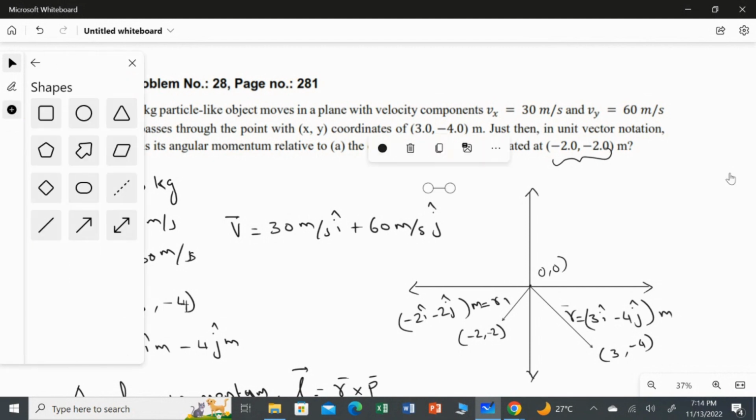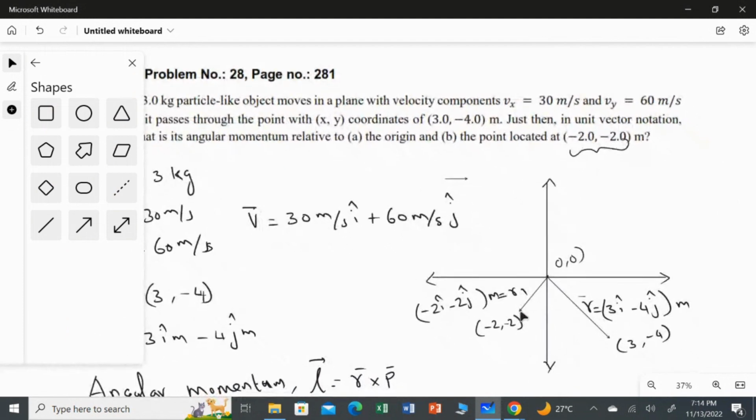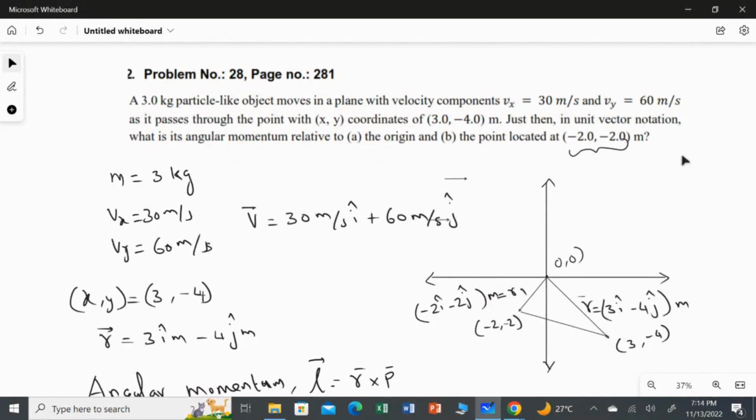If you draw the line here, clear? And this value is delta r, right?